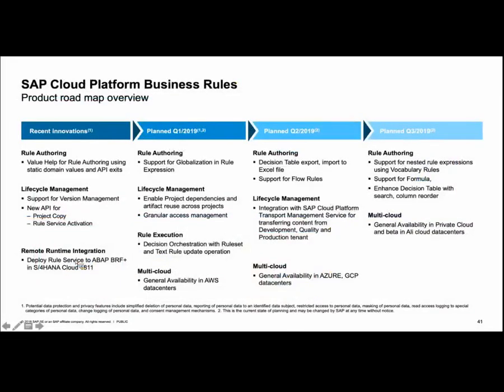As part of recent innovations, as you saw, the value help is already getting released. What you'll also see next month is version management that is coming up for business rules artifacts like project and rule services. And then with the S4HANA Cloud 18.11 release, we are going to provide a direct deployment to S4HANA Cloud as well.